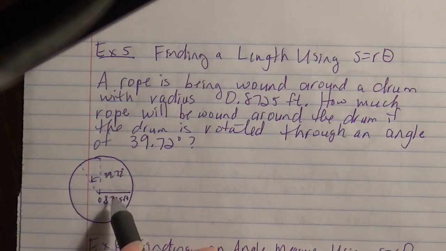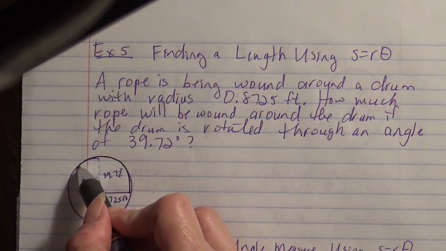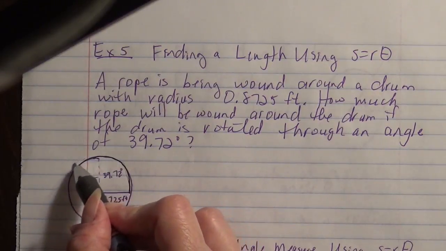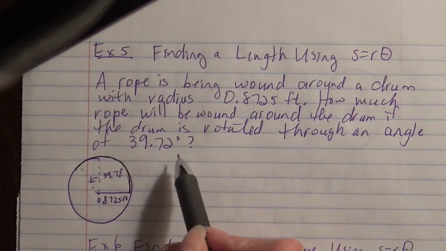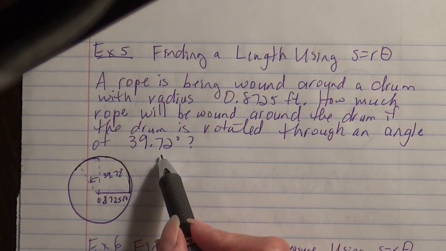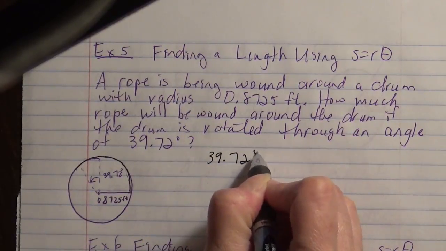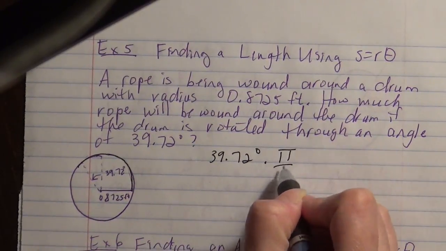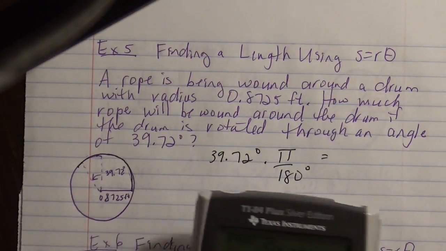So we're trying to determine the arc length from here to here if it's rotated through an angle of 39.72. So we need to convert the 39.72 into radians. Multiply by pi over 180. See what that gives us.